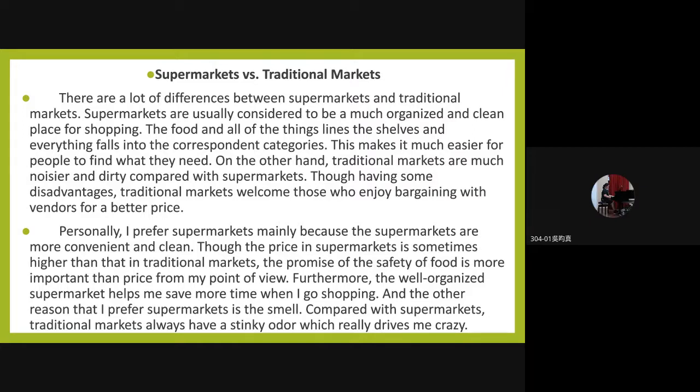This makes it much easier for people to find what they need. On the other hand, traditional markets are much noisier and dirty compared with supermarkets, though having some disadvantages. Traditional markets welcome those who enjoy bargaining with vendors for a better price.